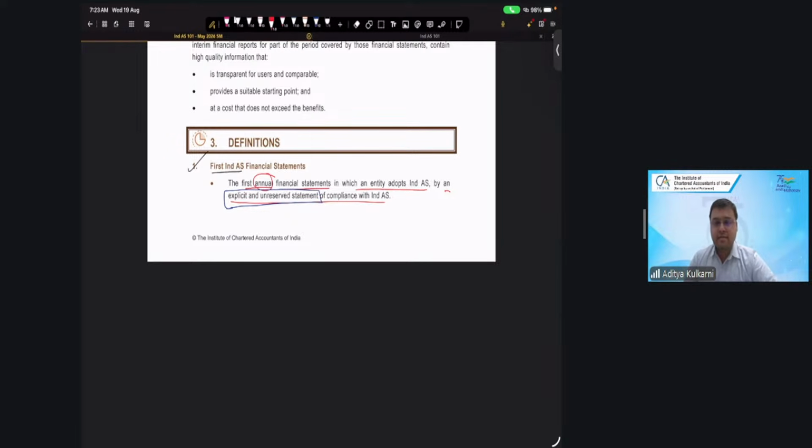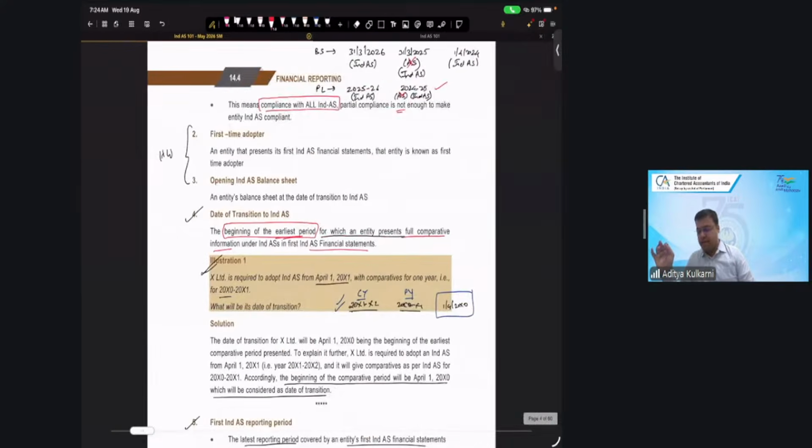And there is typically an explicit and unreserved statement of compliance with Ind AS. Explicit and unreserved. You cannot use a statement saying that I have complied with the requirements of Ind AS subject to, say, financial instruments. Not permitted. Everything should be moved to Ind AS and you give the explicit and unreserved statement of compliance with Ind AS.